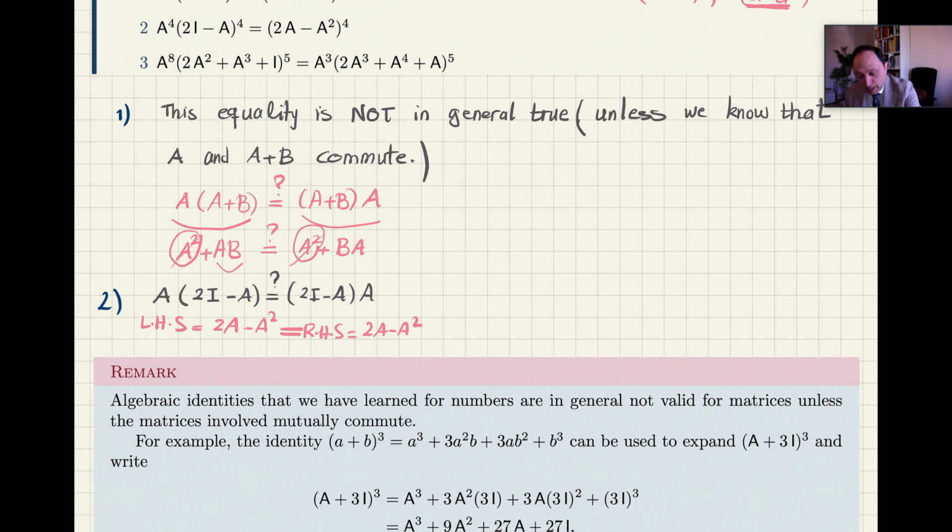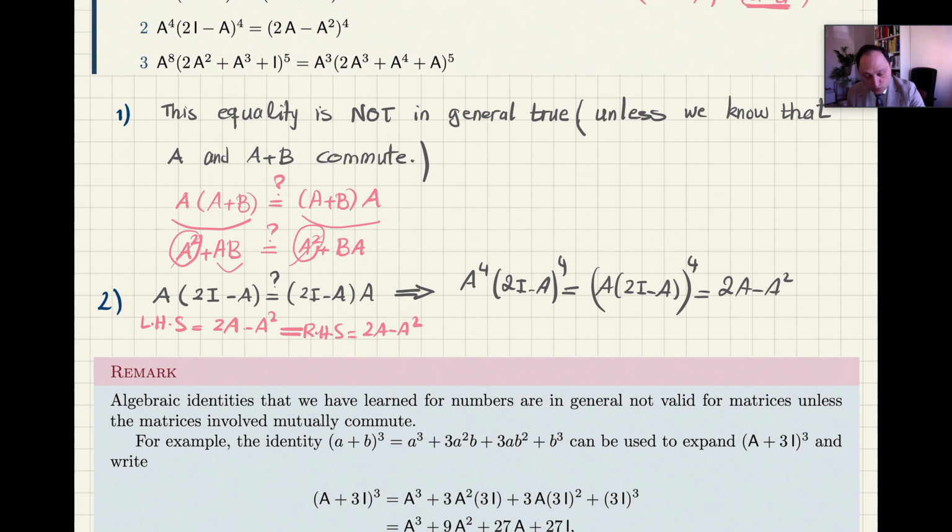So it means that the matrices involved are commuting, so then I can conclude that yes, (2I minus a) to the 4 can be written as a times (2I minus a) totally to power 4, and then I multiply a inside, so it becomes (2a minus a squared) to the power of 4.